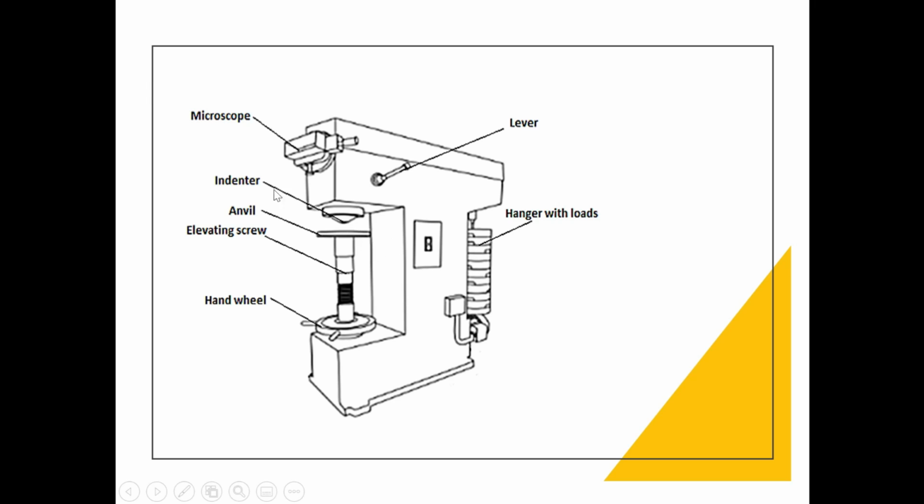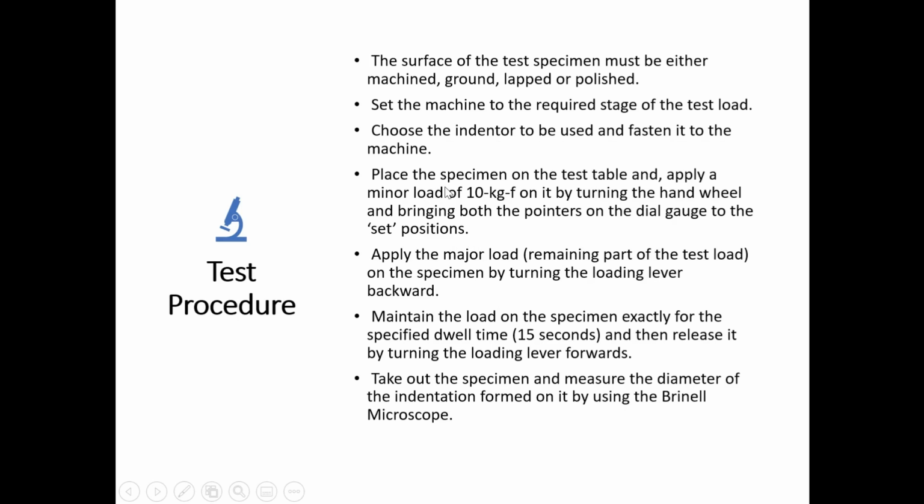So, first you have to replace the indenter and then go for the next step, that is, place the specimen on the test table, and apply the minor load of 10 kgf on it by turning the hand wheel and bringing both the pointers on the dial gauge to the set position.